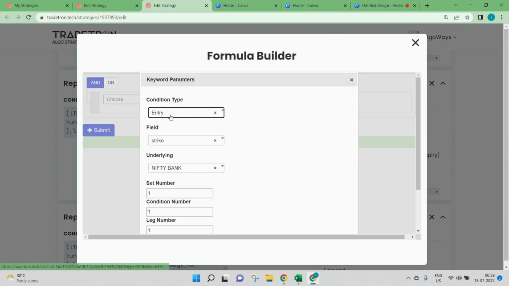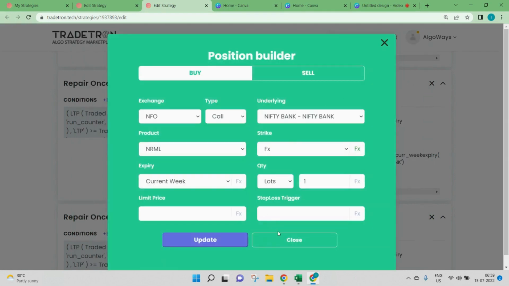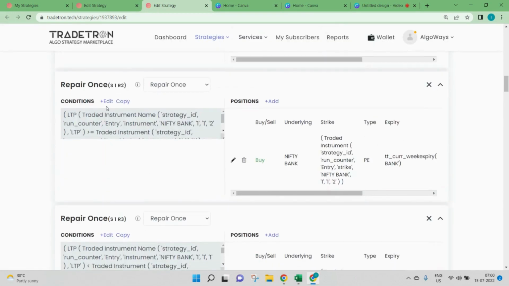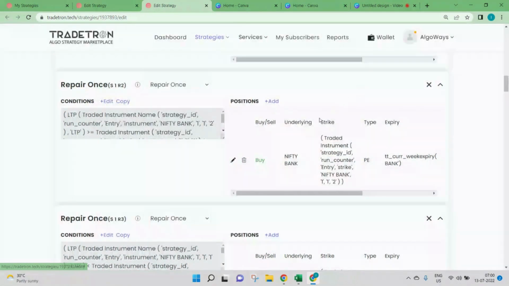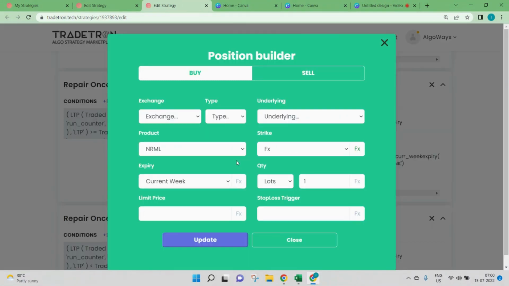We select the strike, entry, strike, set 1, condition 1, leg 1. So this will exit the call option. Similarly for the PE, we are putting that the LTP of the second instrument is greater than its entry price into 1.4 times, 40% above its entry price. So we exit the PE and strike selection.